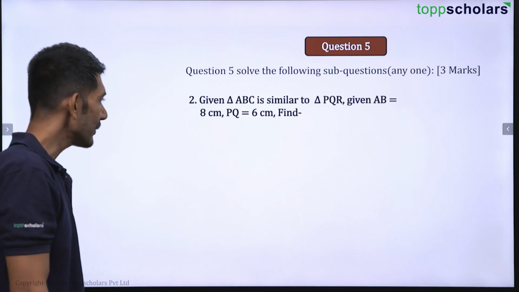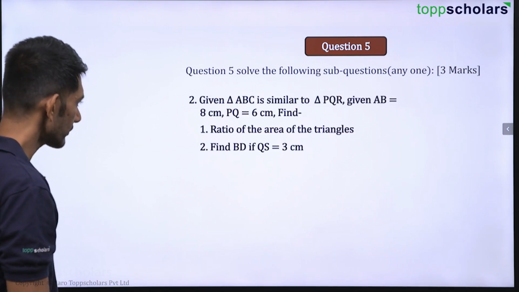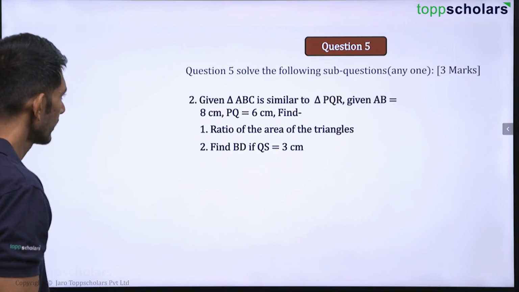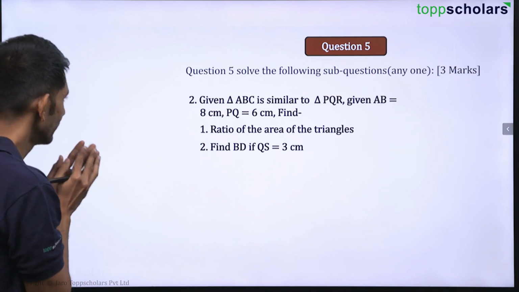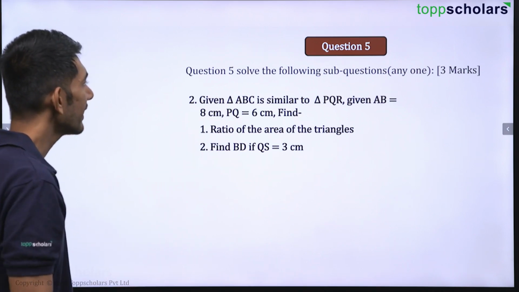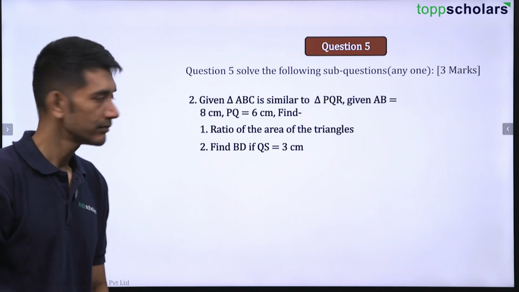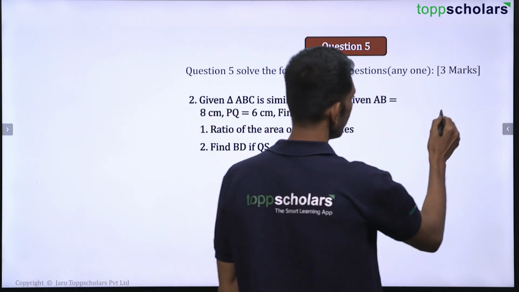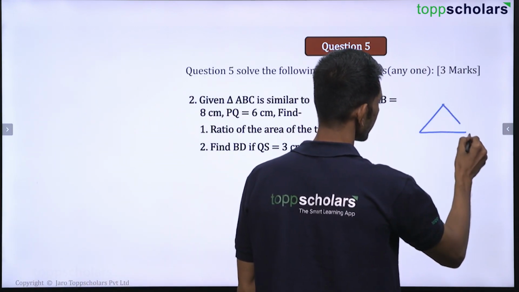Okay. So now one more question. It is given that there is a triangle ABC and that is similar to triangle PQR. The figure is not given, so I will make the figure for you.